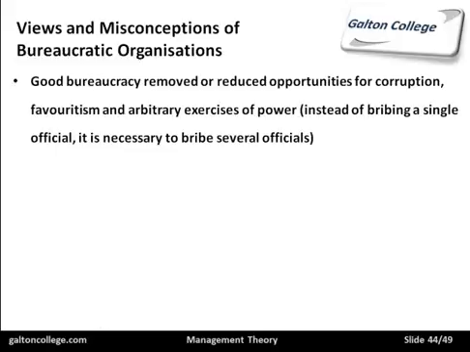So it wasn't the individual that was important, it was the whole bureaucracy that was important. And it would be difficult, according to Weber, to cut off one section and corrupt that one section. So in terms of dealing with corruption, this would be a good organisation, according to Weber.